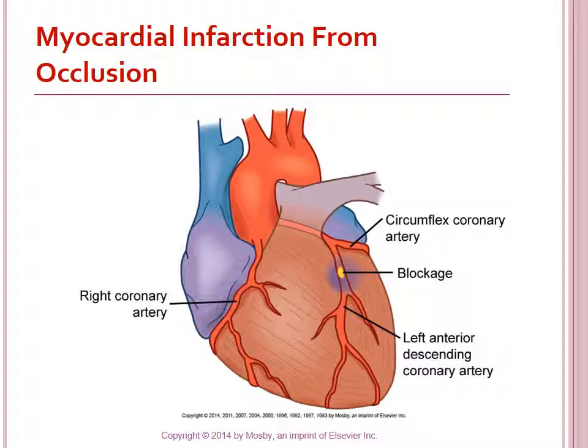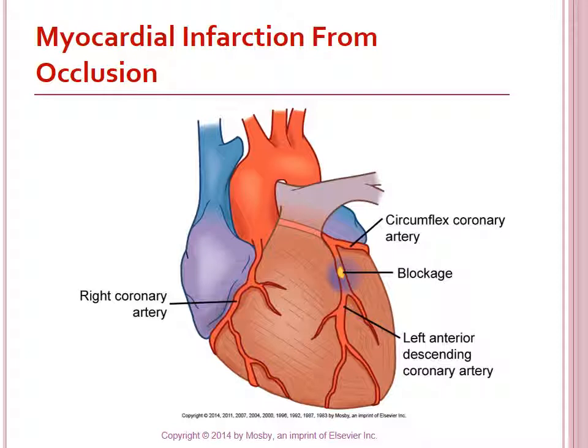Blockage of the right coronary artery will result in an inferior wall MI. Anterior wall infarctions result from blockages in the left anterior descending artery, as shown in this figure. Blockages in the left circumflex artery usually cause lateral and/or posterior wall MIs. Damage can occur in more than one location, especially if more than one coronary artery is involved.